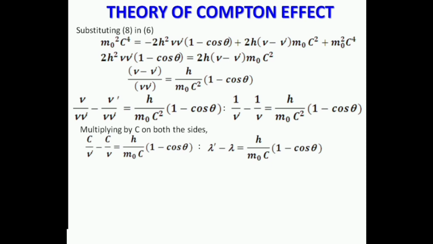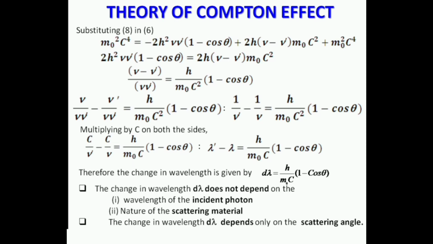This is exactly the Compton effect formula in terms of wavelength. Therefore the change in wavelength is Δλ = λ' − λ = h/(m₀c) (1 − cos θ).